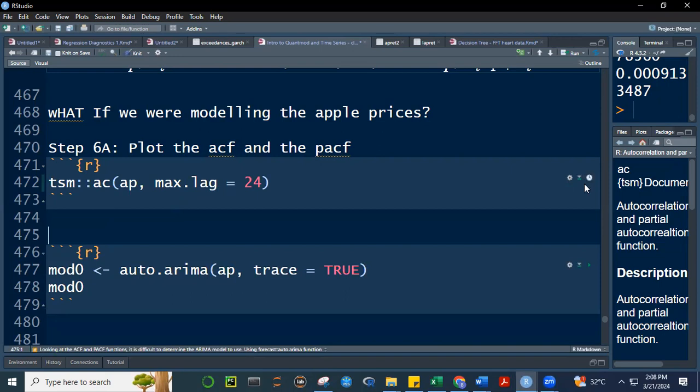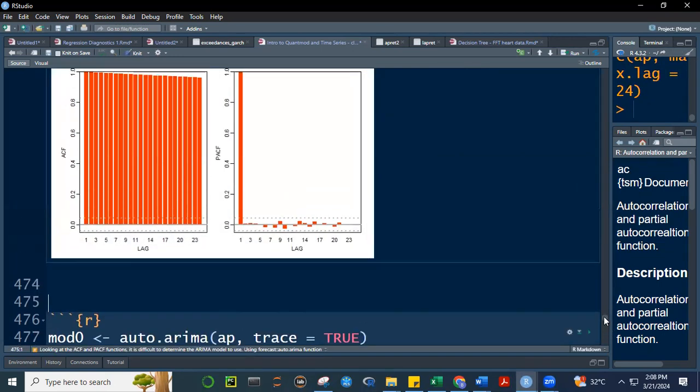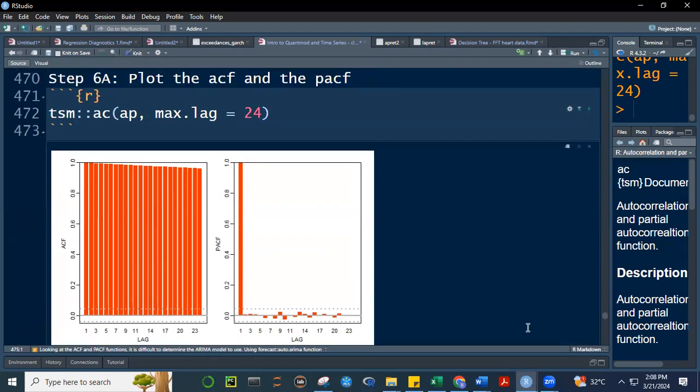So tingnan natin to. Alright, take a look at this class. What is that telling us, class? Slow decay to. So what do we do with that, class? Yung PACF niya, class, significant lag at 1.